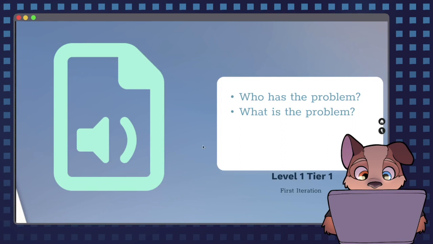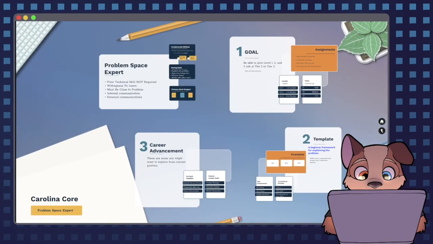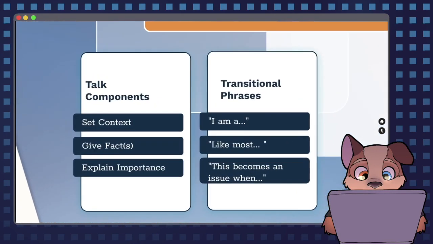So let us look at a template here. What I'm going to do from here is provide the set of talk components and a set of transitional phrases. And really, these are the only things that I gave the client. So, the talk components.